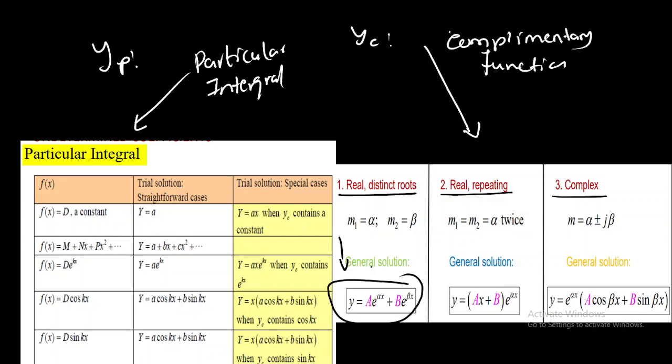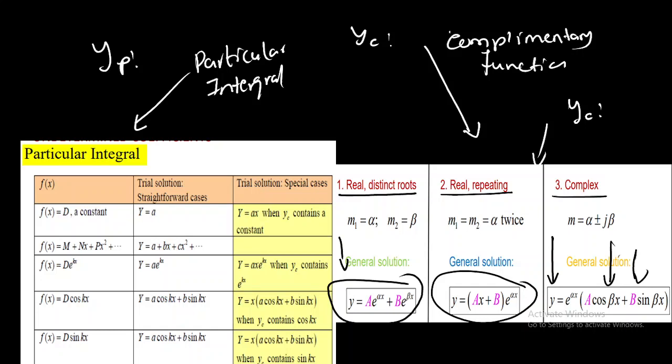When you have real repeating roots, this is the equation you use, and when you have complex roots, this is the equation you use for your yc, which is your complementary function.